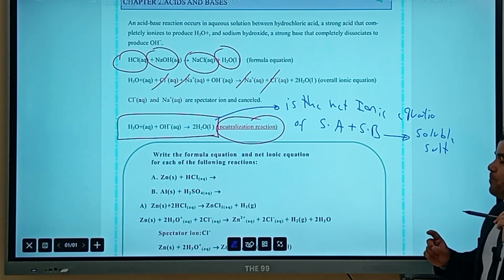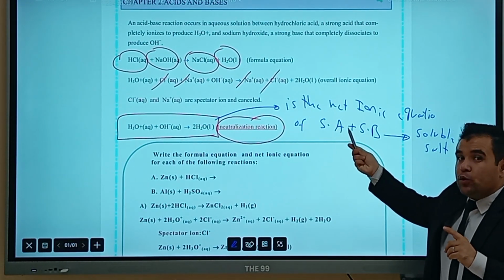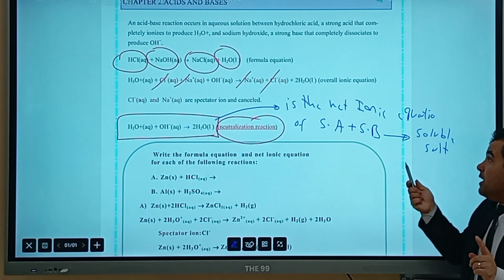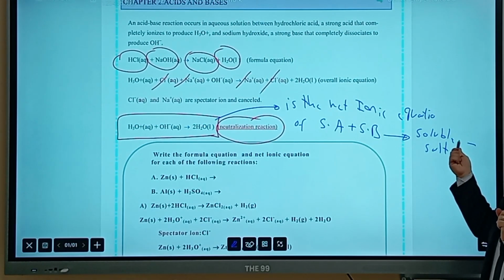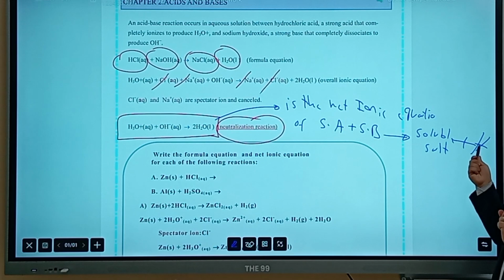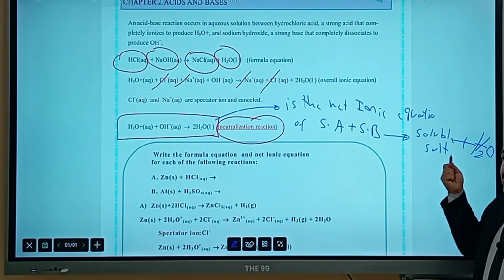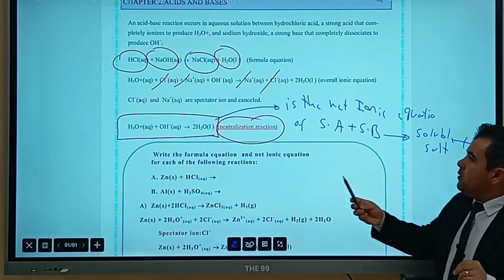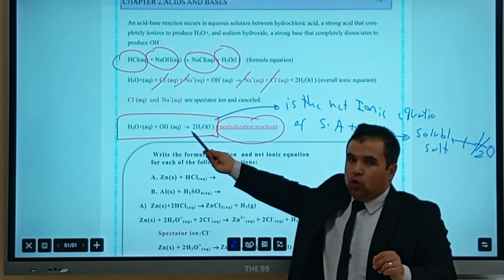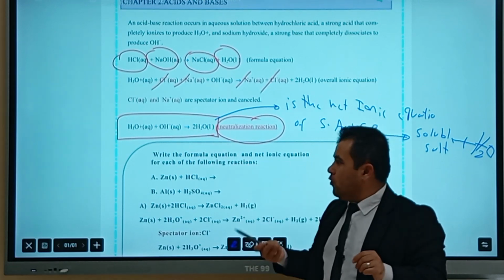So whenever a strong acid is neutralized with a strong base, they produce a soluble salt, of course, plus H2O. But we do not mention the H2O because we are talking about the salt only. The condition is that the salt is soluble; then the net equation is always hydronium plus hydroxide to form H2O.